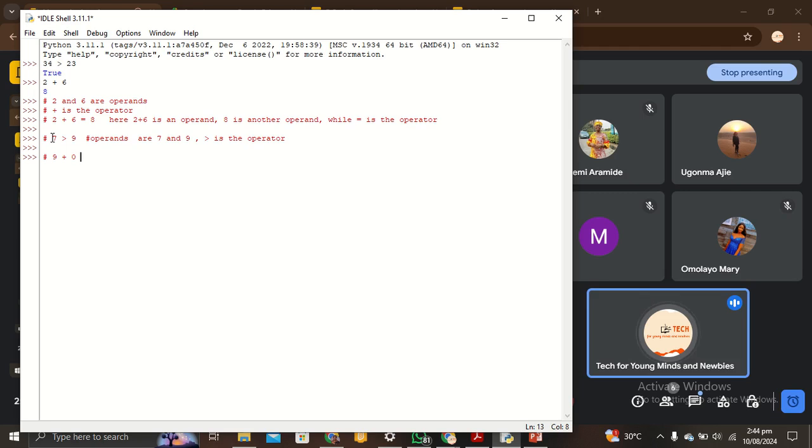What is the operator? The addition sign. Addition, yes, the plus. Then what are the operands? 9 and 0. So do you all understand what operators and operands are?